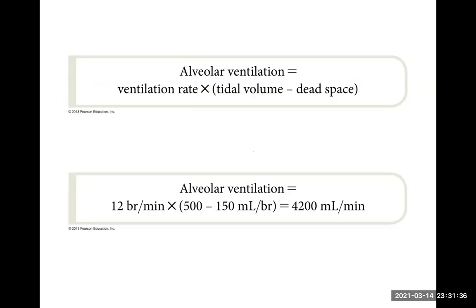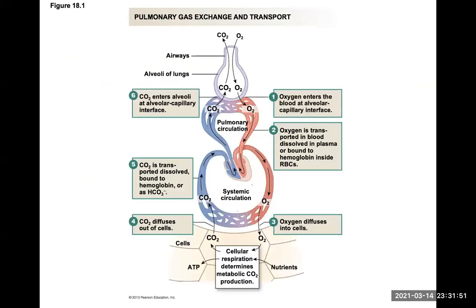Let's move to focusing on the movement. If the movement of gases is impaired, inadequate oxygen results in hypoxia. Typically, we'll also see hypercapnia, which is elevated carbon dioxide levels. These are clinical signs that are going to lead to a diagnosis of a disease.